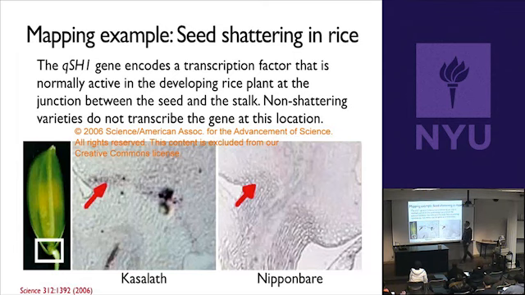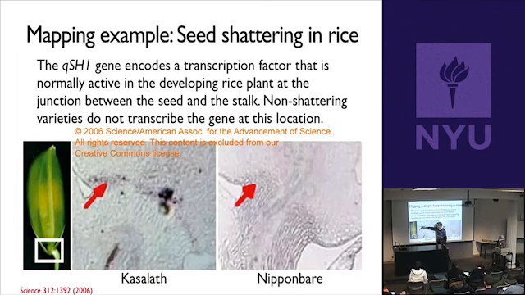And we've seen this before, where important genes in evolution, in dogs, in stickleback fishes, here we go in domesticated rice, encode transcription factors. Transcription factors are proteins that regulate the activity of other genes. So you can think of them as sort of managers in a sense. They're regulating the activity of other genes, and so it's not just that expressing one gene here gives you this difference between shattering and not shattering.